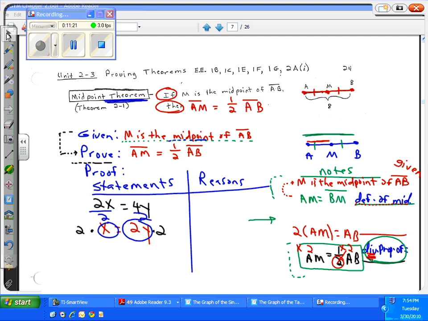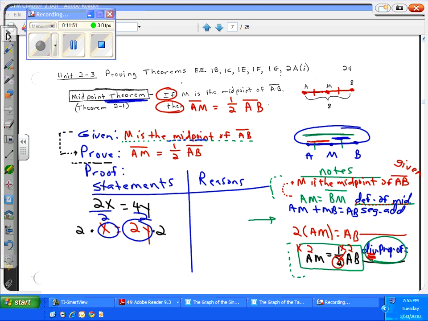From the picture, all I can say is that AM plus MB is equal to AB. Now, what is it that says AM plus MB equal AB? Well, that's segment addition. Segment addition will allow me to make a statement close to what I want. It will allow me to make the statement that AM plus MB is equal to the whole thing AB.